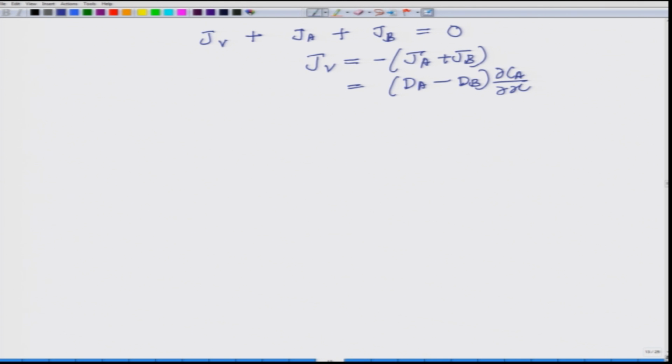Now, let us look at schematically how these concentrations would vary. What is the meaning of these fluxes? What is the meaning of the change in the gradient? So, we have a system, let us say, where it was A to begin with, this was B to begin with, and this was the interface between these two.